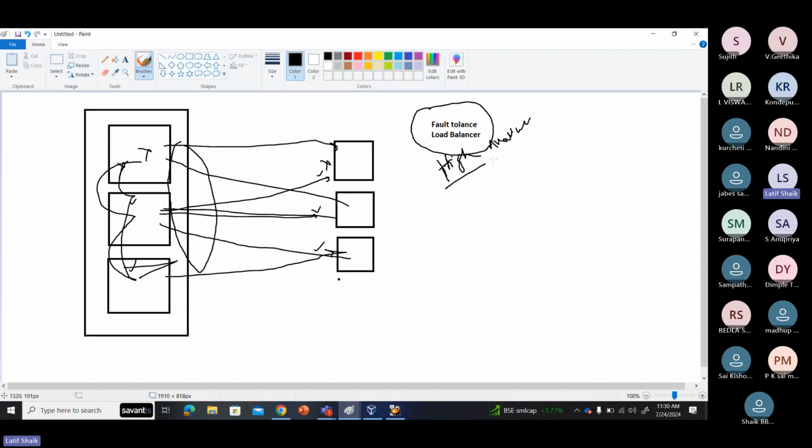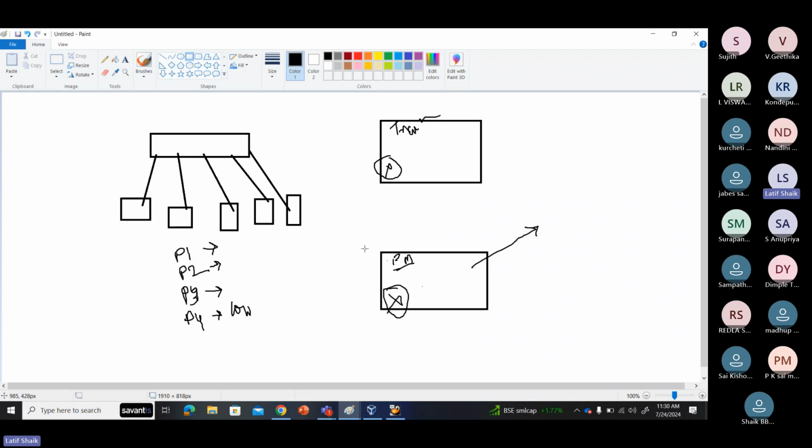By planning fault tolerance and load balancing in a cluster with multiple servers inside, we can achieve high availability. Then the clients won't be affected by any interruption at your infrastructure level.